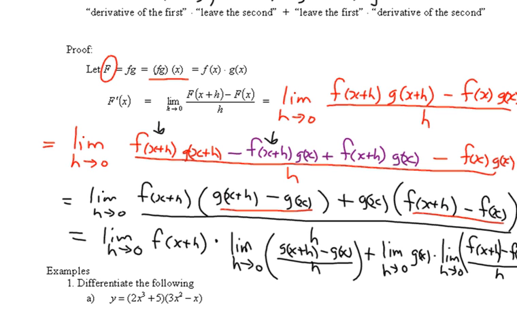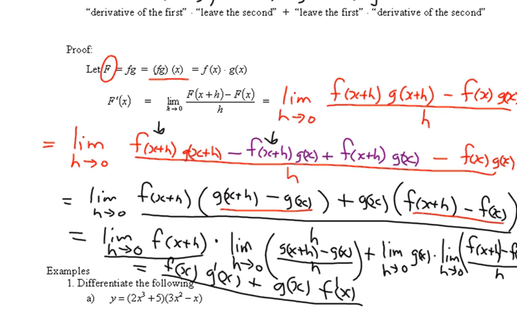Because this one right here, as h goes to 0, will be f of x. This one is the derivative of g. This one right here is g of x. And this is the derivative of f, which is the product rule. Whoa, that was quite an experience.